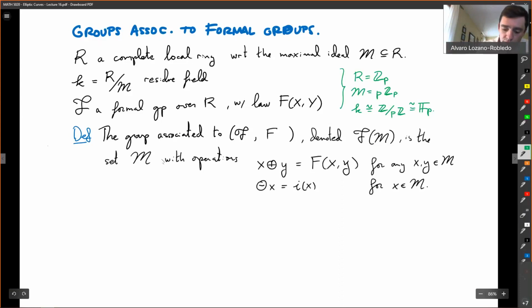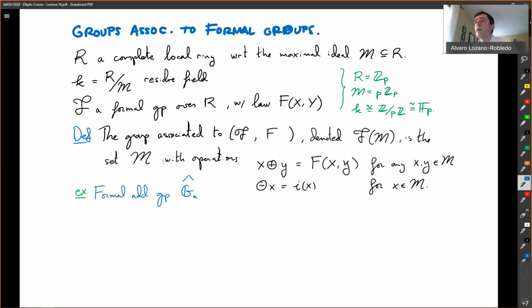So remember, for example, we had the formal additive group G_a. So what is G_a hat of M?